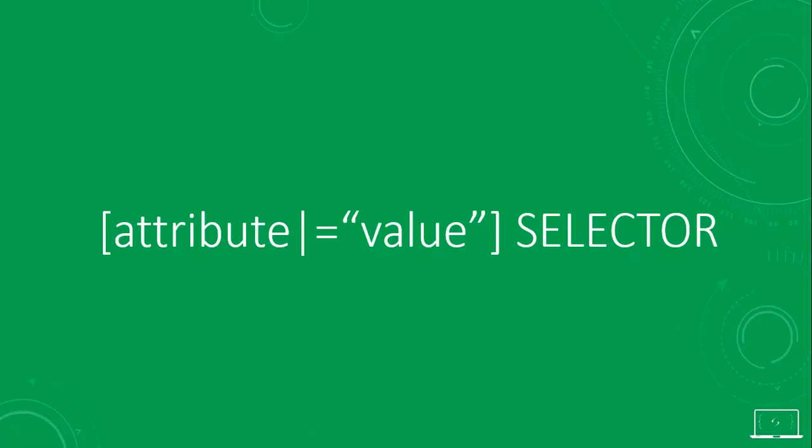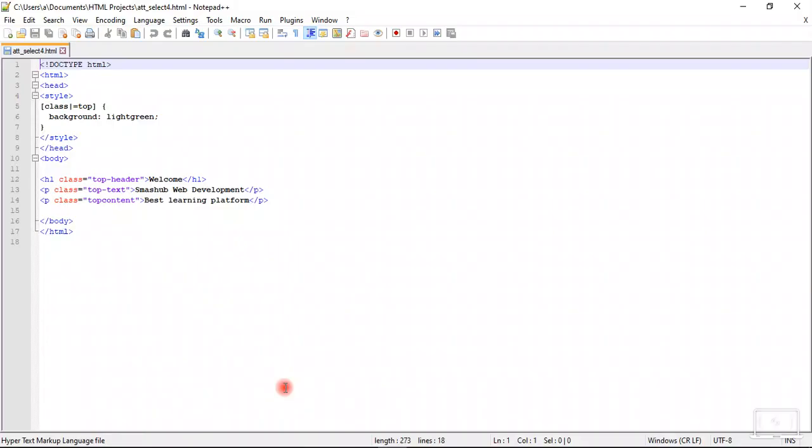Next is the CSS attribute vertical bar is equal to value selector. The attribute vertical bar is equal to value selector is used to select elements with the specified attribute starting with the specified value. For example, in this code, all elements having class attribute value that begins with top are selected.